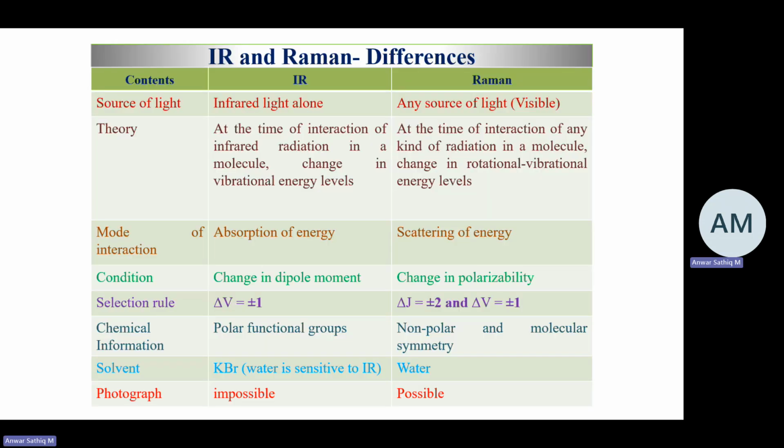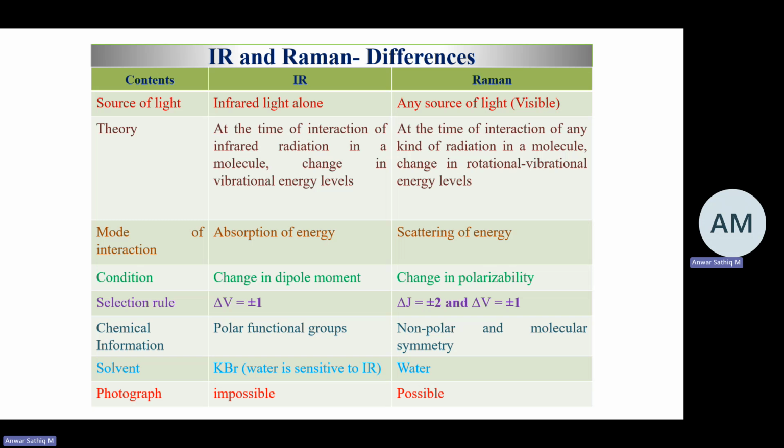Infrared spectroscopy uses IR light radiation alone, while Raman spectroscopy uses laser light. The theory of IR spectroscopy is that it studies the interaction of IR light with molecules. During this interaction, molecules undergo changes in their vibrational energy levels due to absorption of energy.